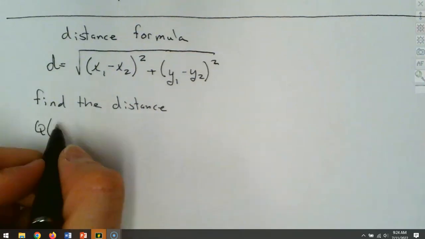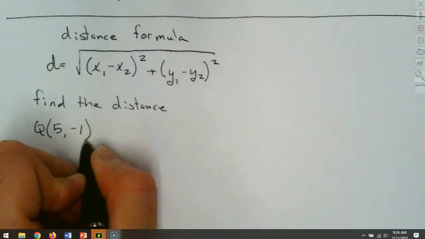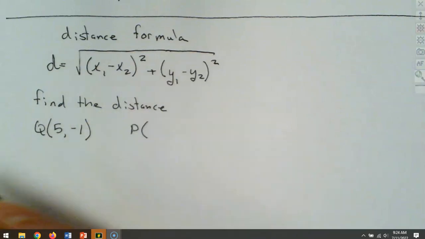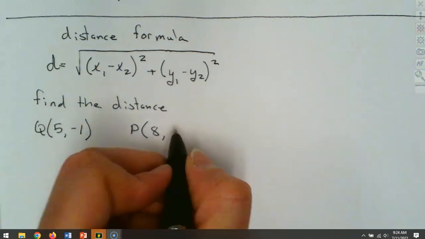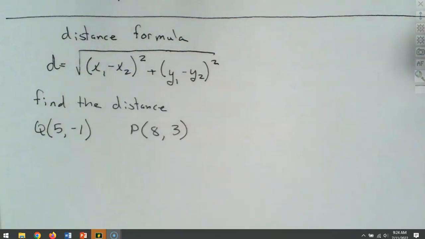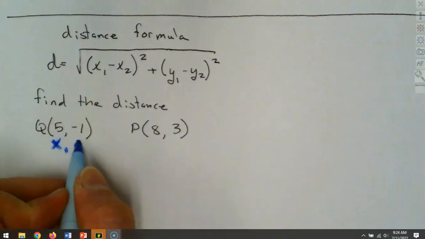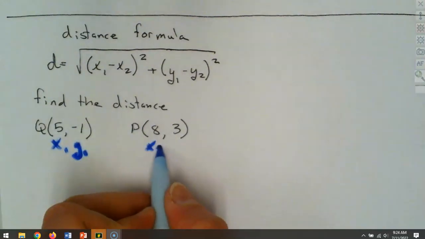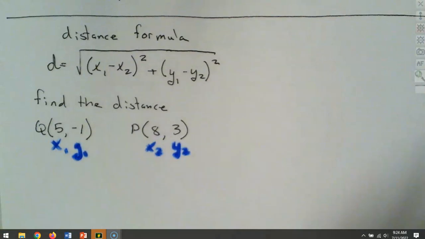And let's say Q is 5, negative 1, and point P is 8, 3. And I want you to find the distance here. So x1, y1, x2, and y2.